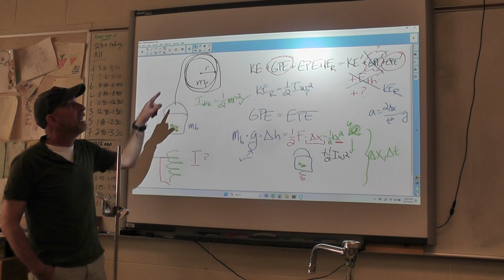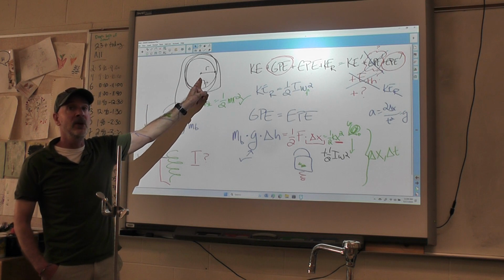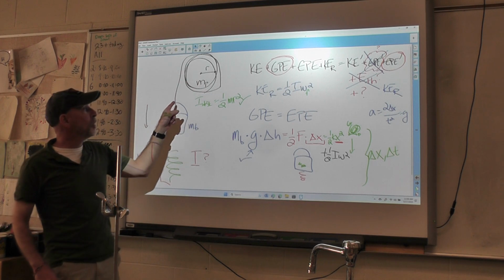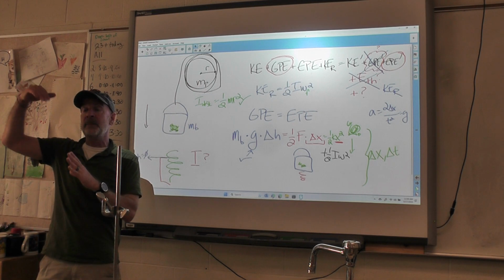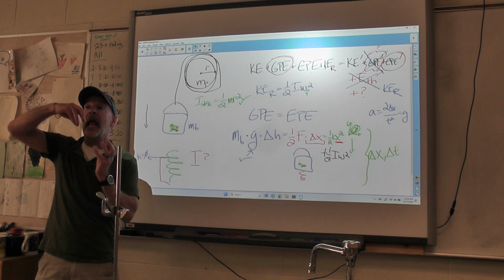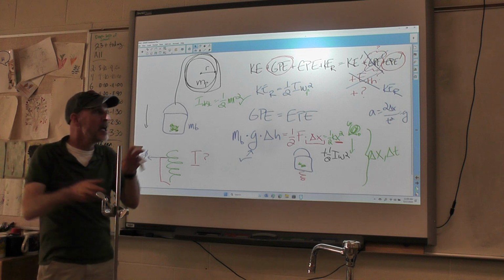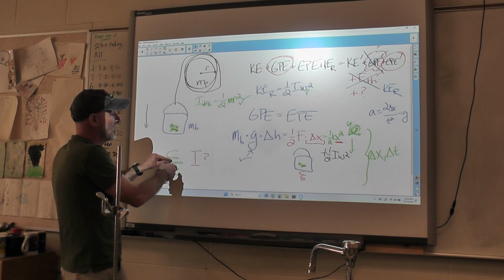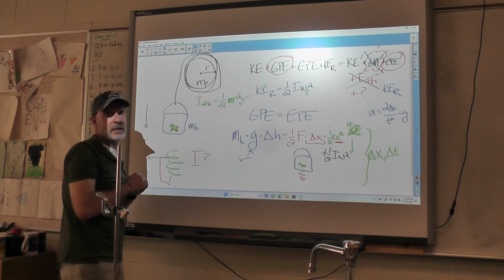So the maximum total kinetic energy, rotational and linear, is gonna be right as that frog hits the top of the spring. If something slows the pulley down, like if this were a really stiff metal cable that could pull and push at the same time, then when the frog comes to a rest, so will this.